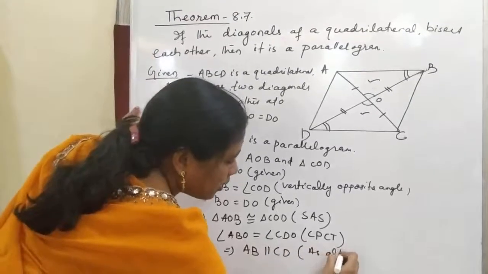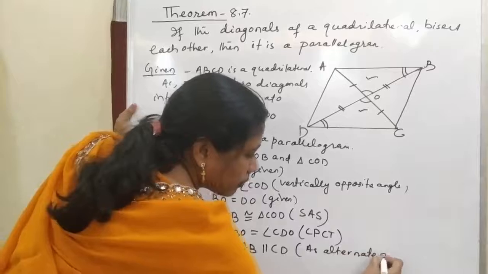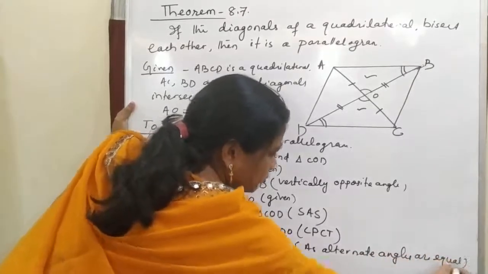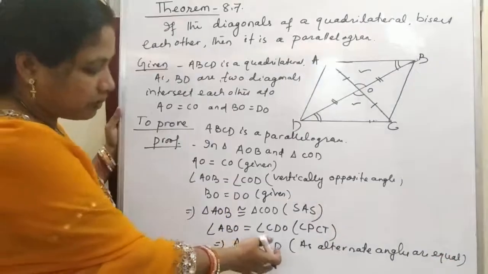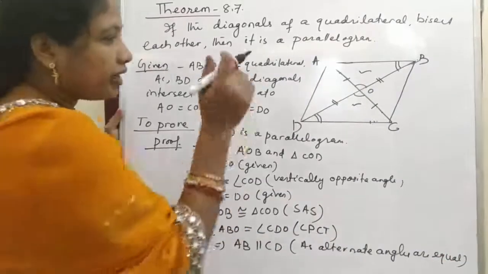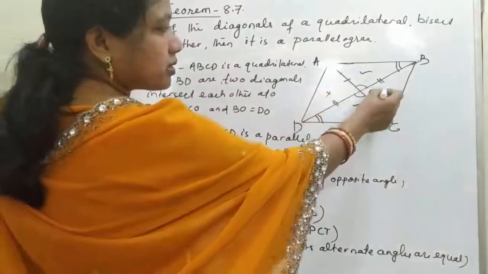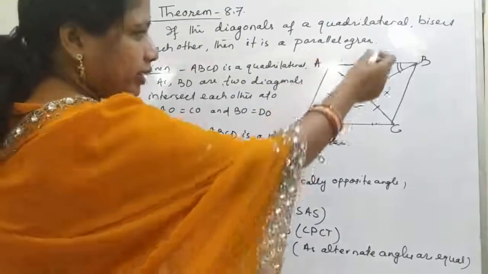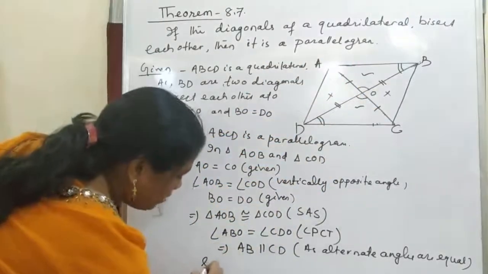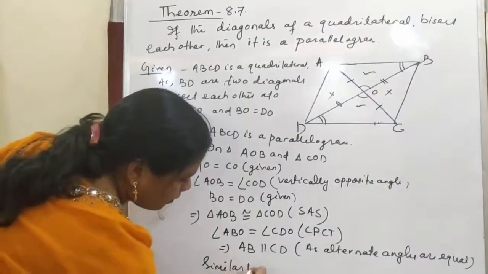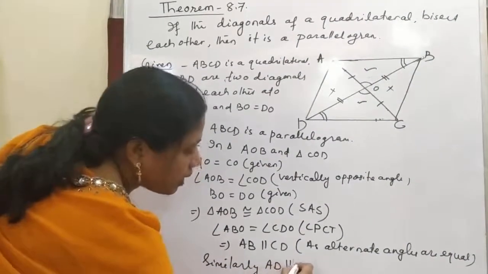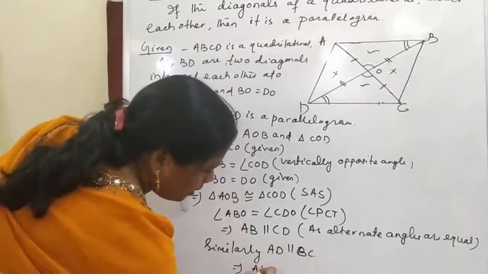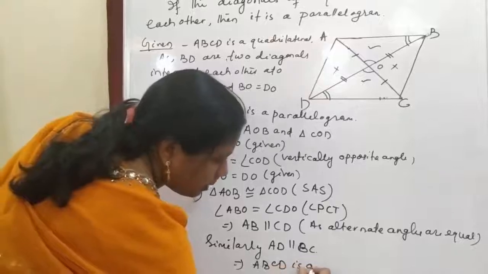Similarly, if we take the other two triangles and make them congruent, we can prove that AD is parallel to BC. So ABCD is a parallelogram.